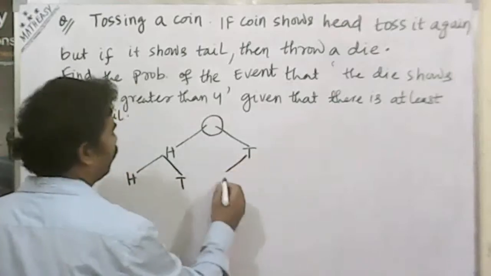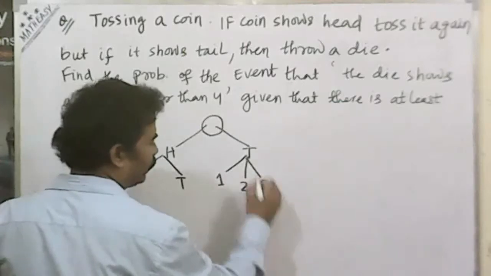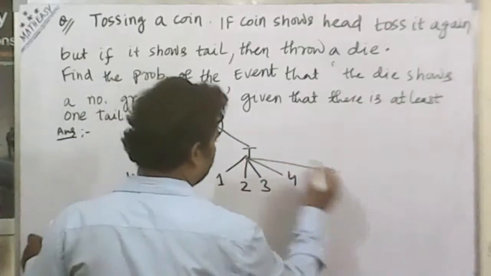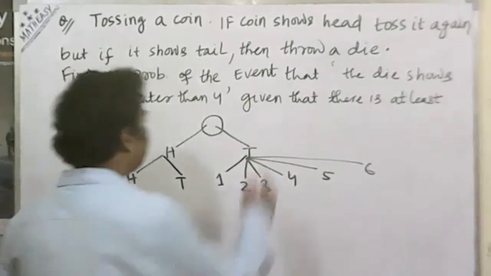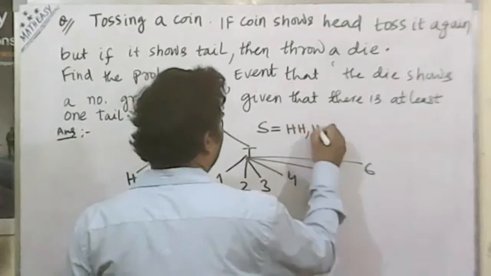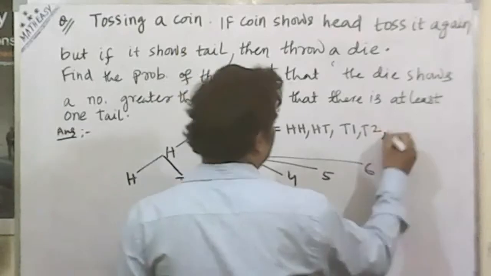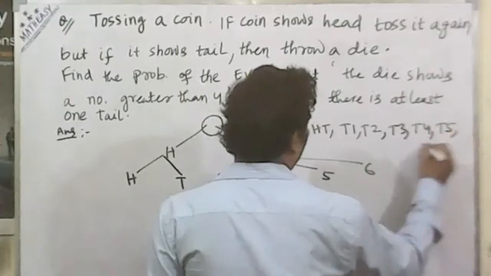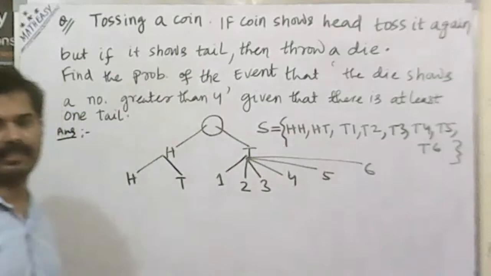If tail comes, throw a die: 1, 2, 3, 4, 5, 6 comes. And what about the sample space now? Head head, head tail, tail 1, tail 2, tail 3, tail 4, tail 5, tail 6. These are the sample space.